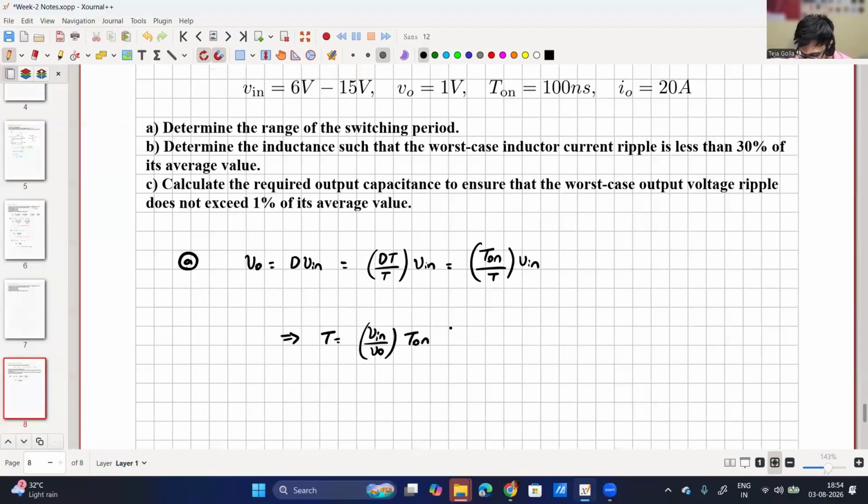Can anyone tell me what T minimum and T maximum are? All the values are given. You just have to substitute the values and calculate the minimum and maximum time period.